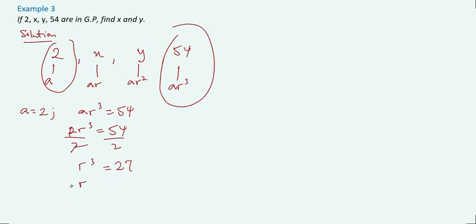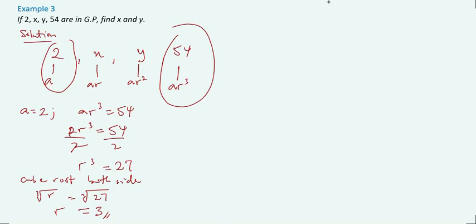So here you find the cube root both sides. We have the cube root of R cubed is equal to the cube root of 27. So what's your R now? Our R is equal to 3, the cube root of 27. I think you should know how to get the cube root.